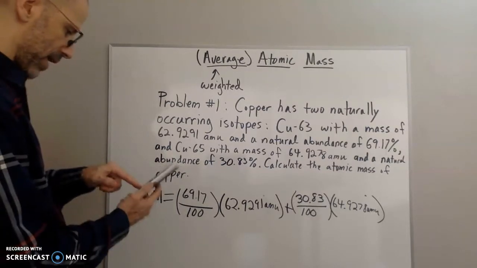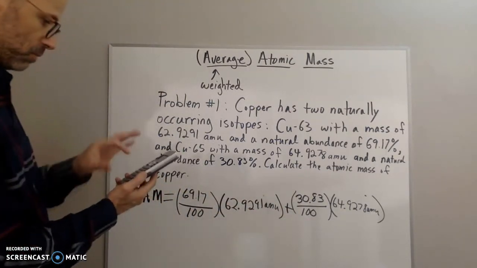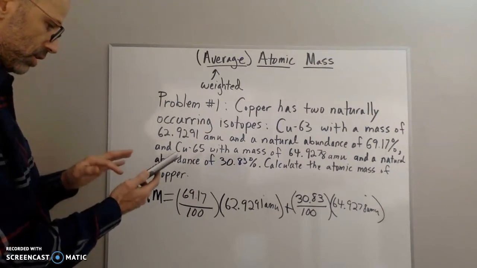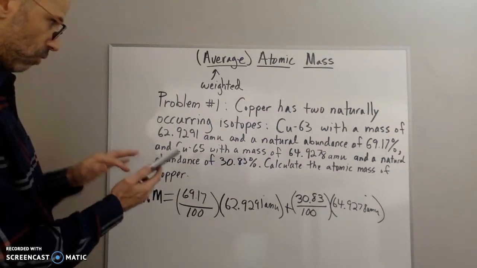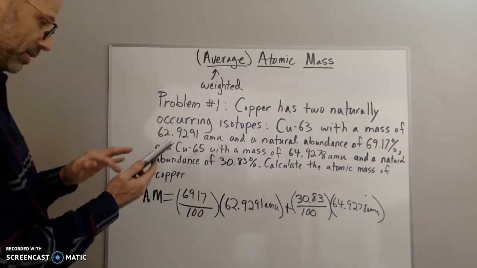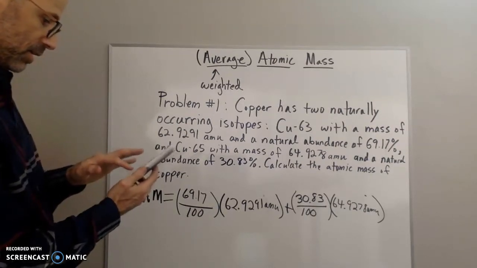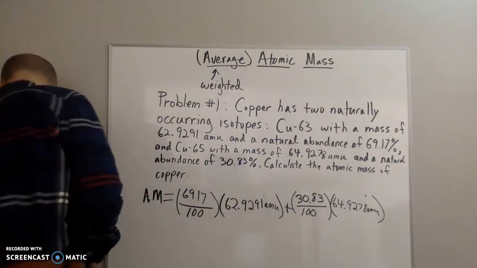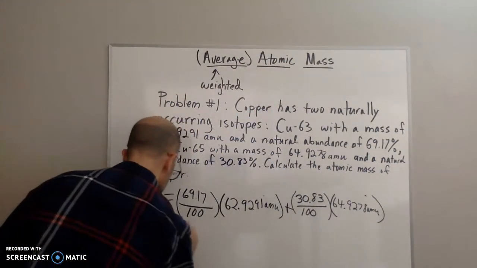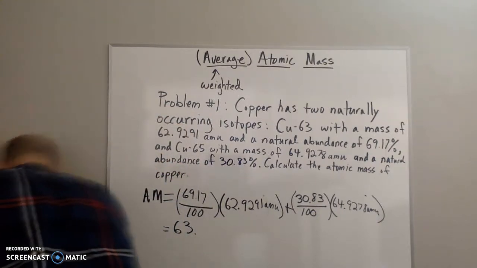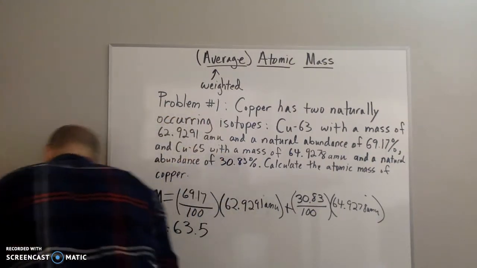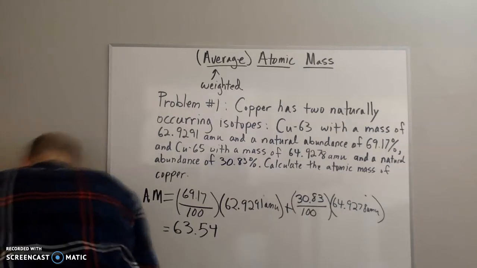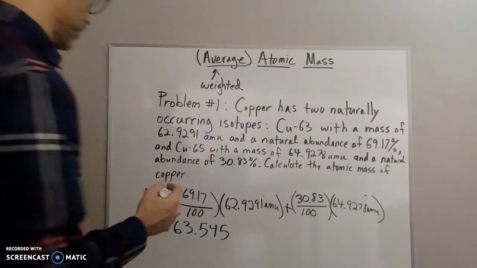And then I'm going to add to that 30.83 divided by 100 multiplied by 64.9278 equals, and I get an atomic mass of 63.54, or if I round it, 63.5545. I'll stop there, and that's going to be AMUs.